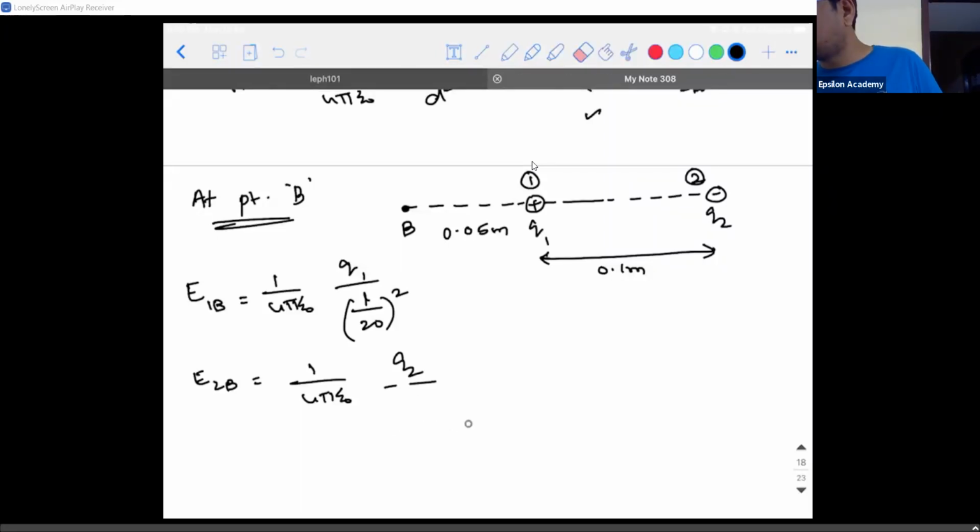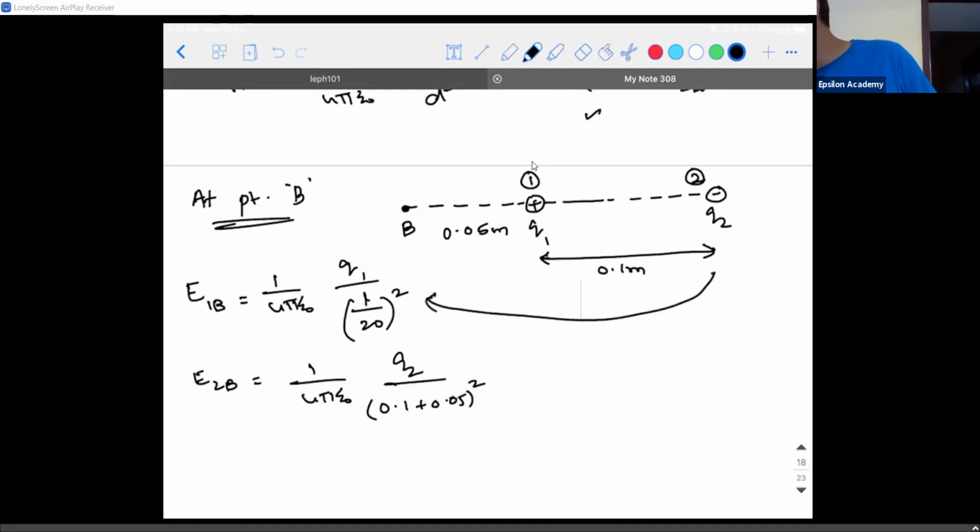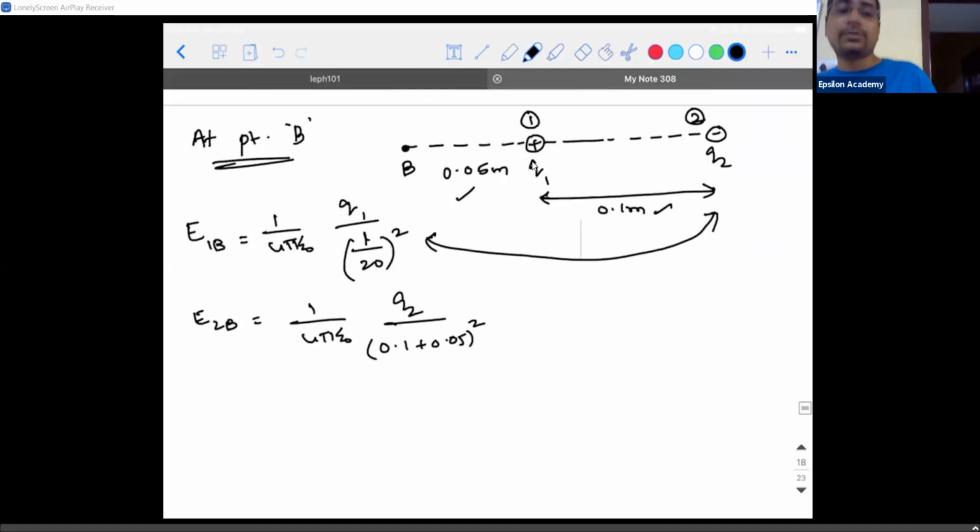Why? Because the distance from Q2 to B is nothing but this 0.1 plus 0.05. Okay, this is the value of E2B.